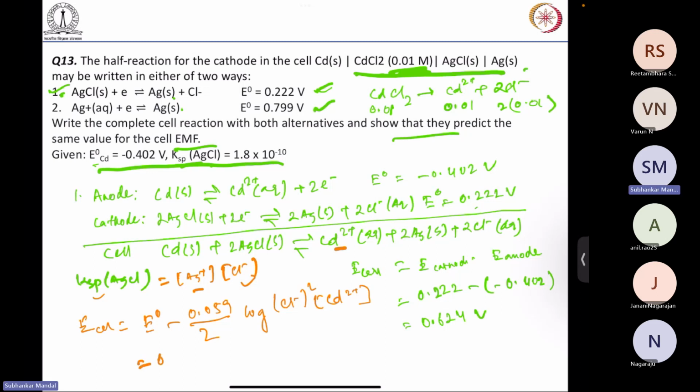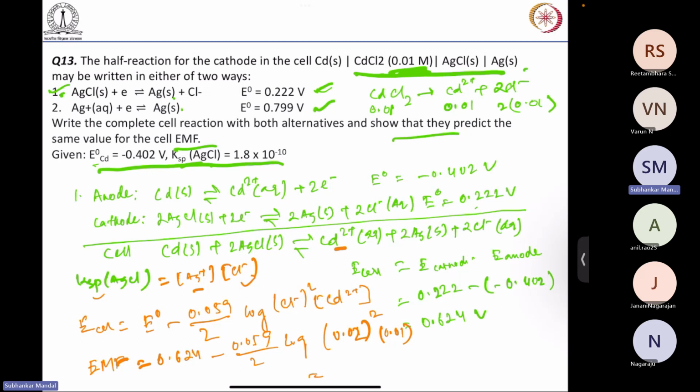So this one: 0.24 minus 0.059 by 2 log of the chlorine minus concentration, what is chlorine? 0.1 whole square. Cadmium, what is the cadmium concentration? 0.01. Oh, this is 0.02 because of this 2. Okay. So you can get the EMF value from here.